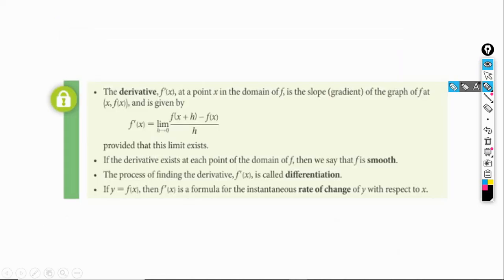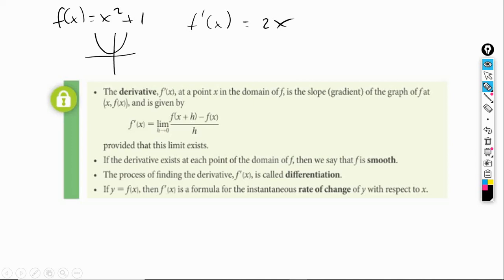Very well, so in the previous example, we saw that f of x equals x squared plus 1, which has a graph that looks more or less like this, where this would be 1 here. We found a general rule to find the slope of the tangent lines at any given point, and we saw that the derivative of x squared plus 1 was 2x.